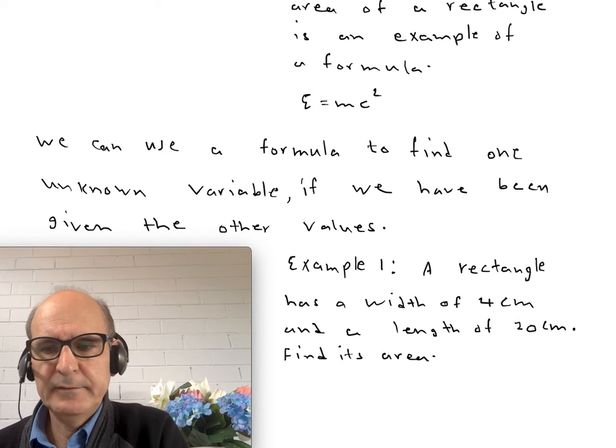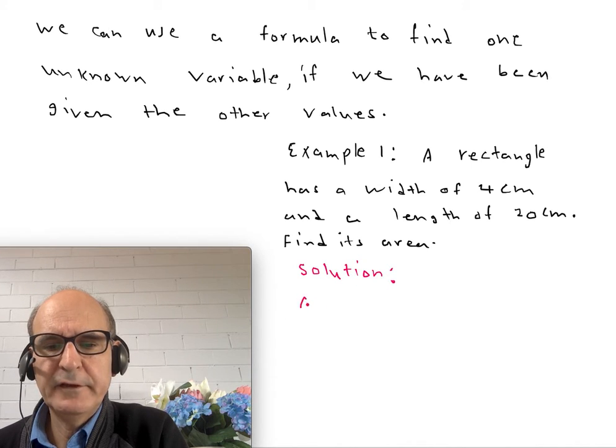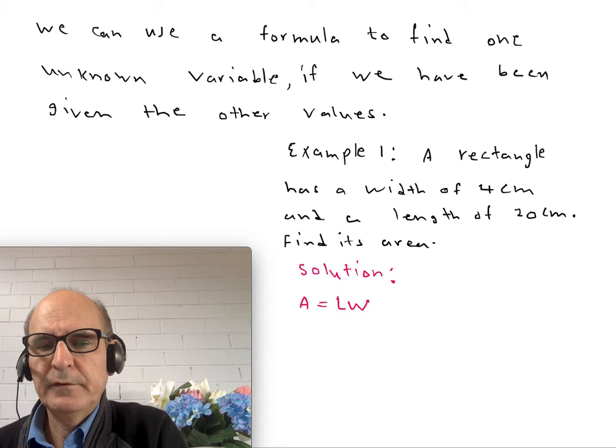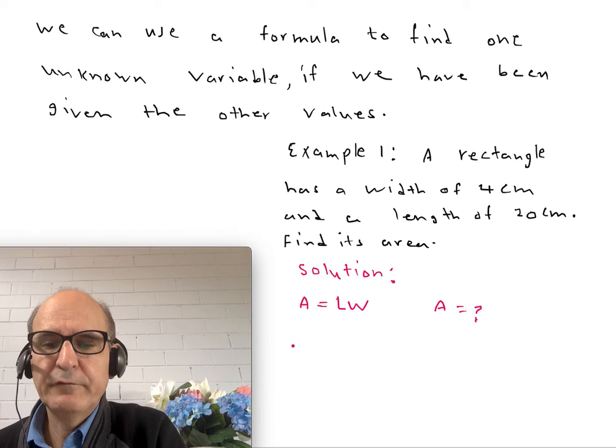Alright, for this, we write the formula first. We said A is equal to L times W. We want A, so you can say A equals a question mark, we don't know it. And they have told us the width is 4, so W is 4.